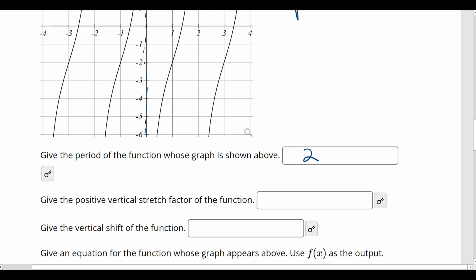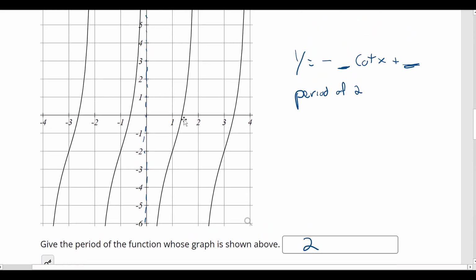And then we're going to look at the positive vertical stretch. So in this case, when I'm talking about the center values, and it was normally on the 0 line here, looks like it's down here now. Looks like that's our center line. So this is coming down by 2. So our c equals negative 2.